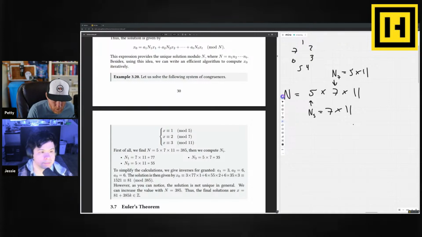Okay. How is 1521 congruent to 81 mod 385?